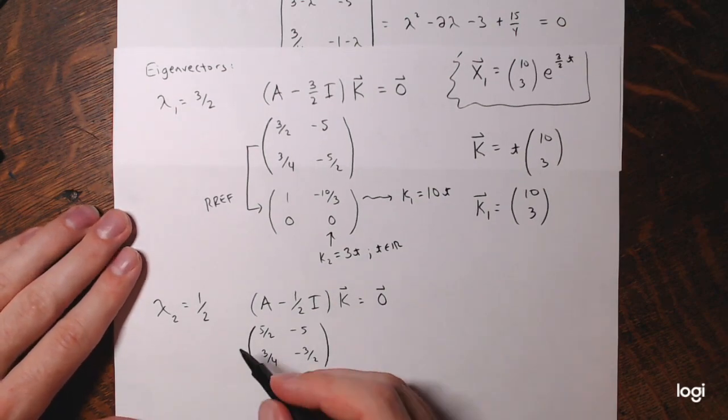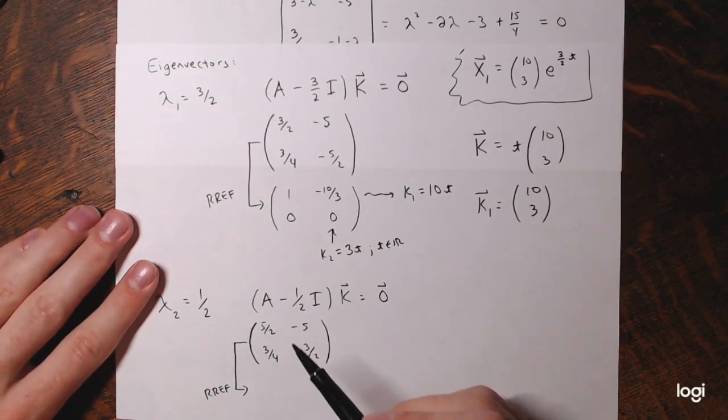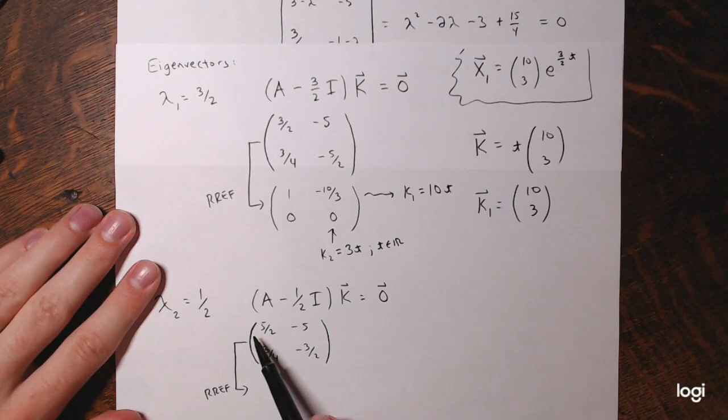Alright, now again, I want to put this into reduced row echelon form. Again, you should be able to, if I were to multiply this by negative 3/4 times 2/5, basically. Negative 3/4 times 2/5 would be negative 3/10.